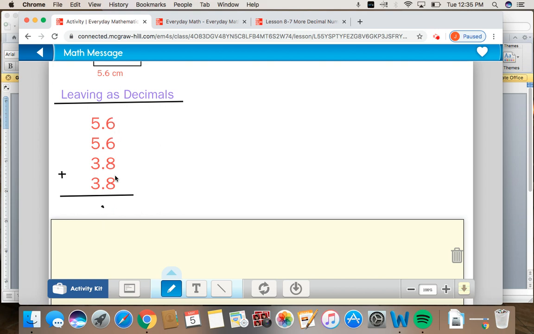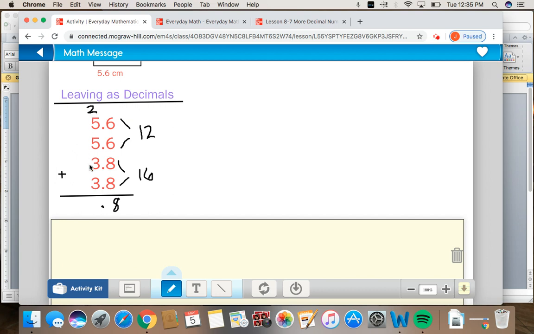Now I'm going to add up these four digits that are in my tenths place. And I know I have doubles here. I know 6 plus 6 equals 12. And I know 8 plus 8 equals 16. And I know that 12 plus 16 equals 28. So I'm going to put my 8 down here, and regroup my 2 to the top of my ones place.